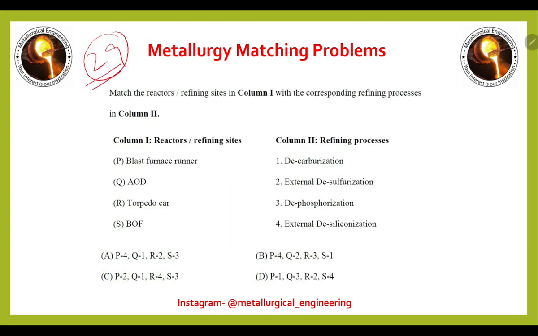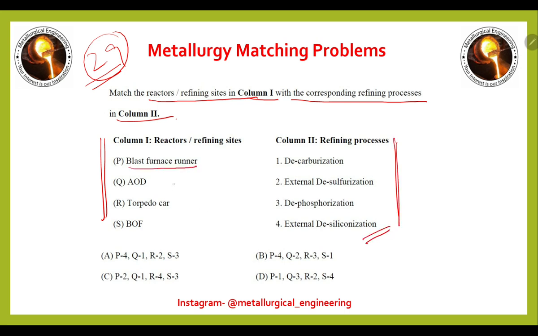This is the 29th problem. In this, match the reactor refining sites in column first with the corresponding refining process in column second. So these are the reactor and refining sites, and these are the refining processes. First, the blast furnace runner matches with external desiliconization.